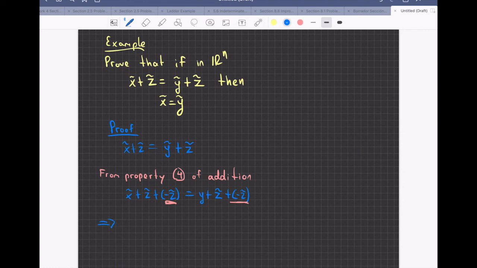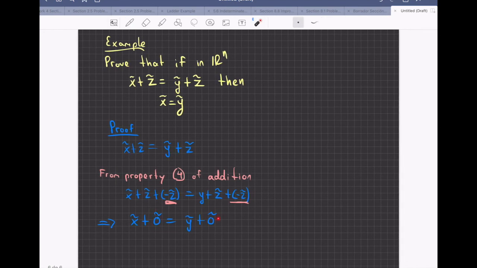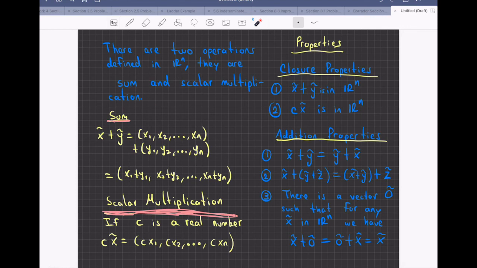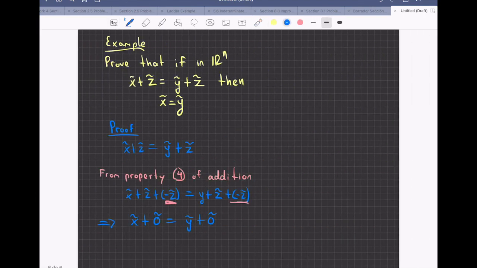This is equal to the zero vector. So I have x plus the zero vector and y plus the zero vector at both sides. But when you add the zero vector to any vector, by property number 3 of addition, we have the same vector. So this becomes x equal to y. You see?